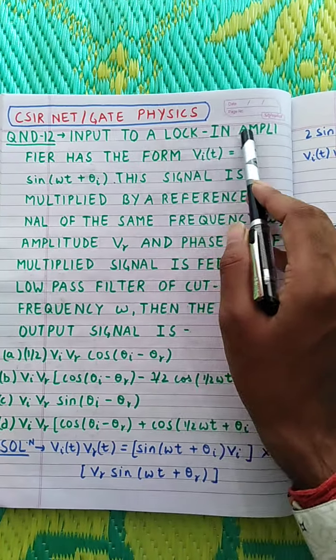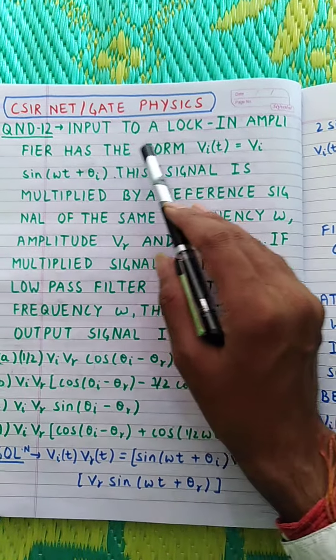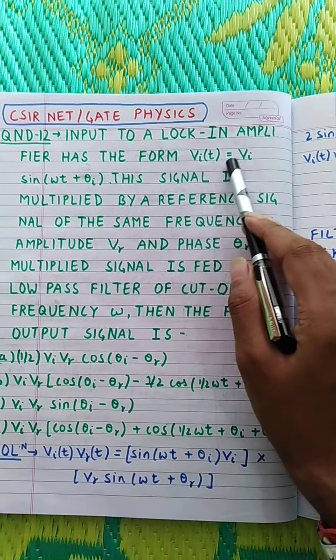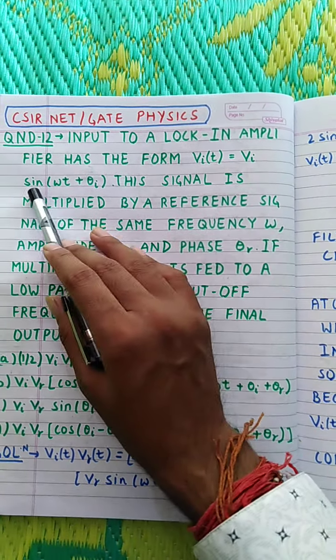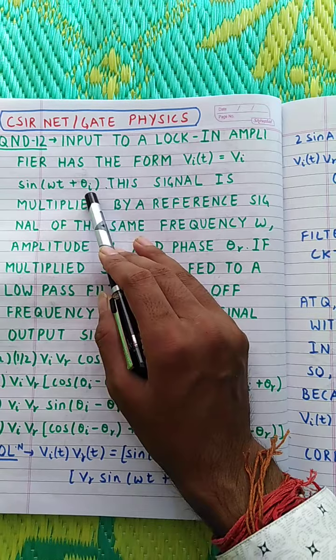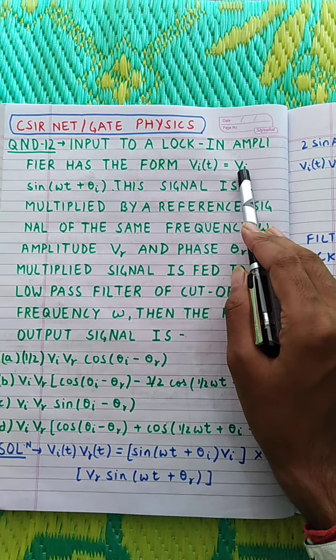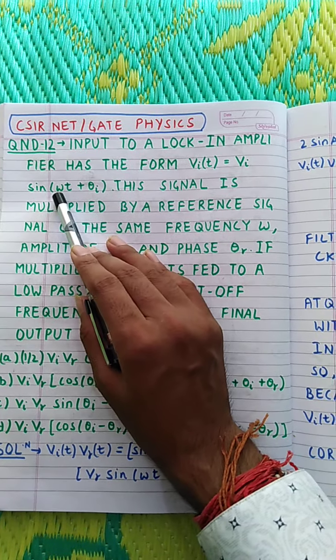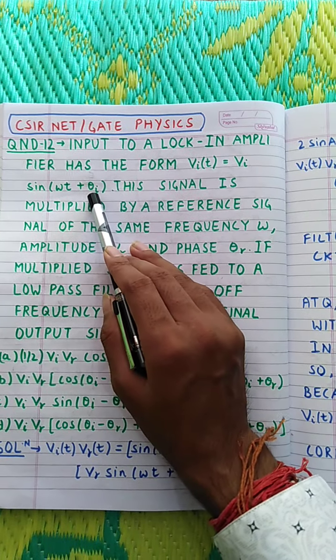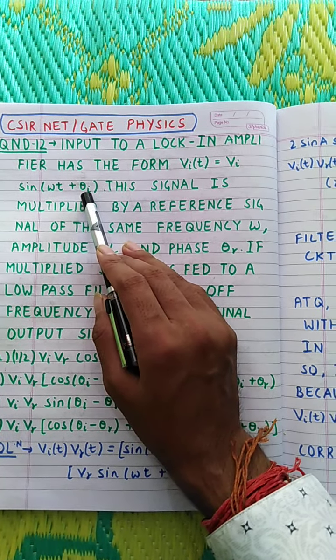Input to a lock-in amplifier has the form V_i(t) = V_i sin(omega t + theta_i), where V_i is the amplitude of the signal, omega is the frequency, and theta_i is the phase of this input signal.